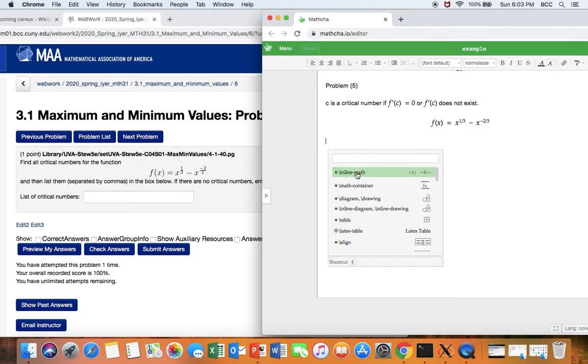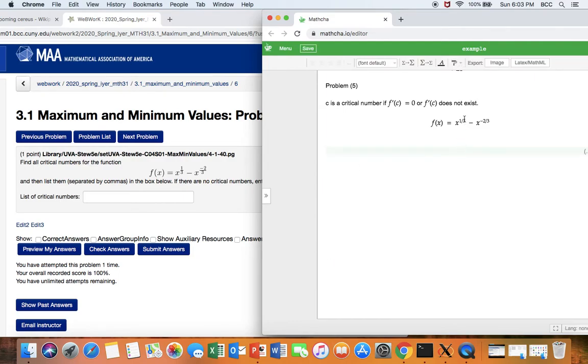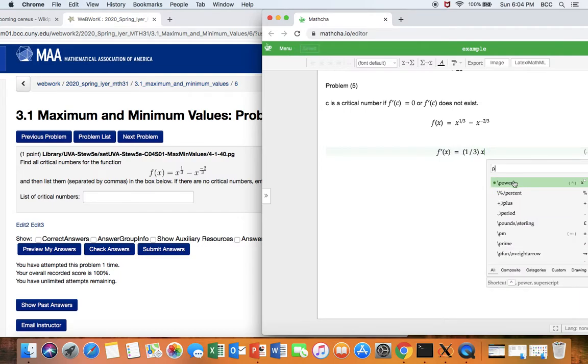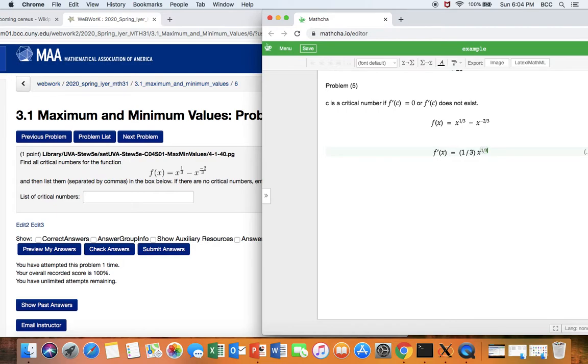All right, so the derivative. This looks like a power, it is a power. This looks like another power, it is a power. So f prime at x equals, let's get the 1/3 down, x to the power 1/3 minus 1. All right, that's the first piece.